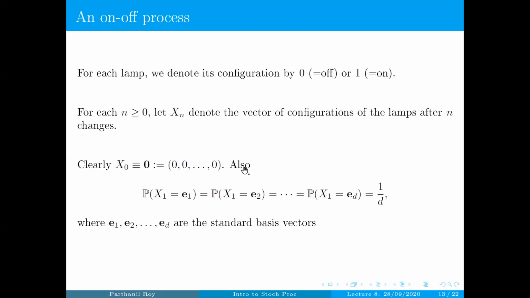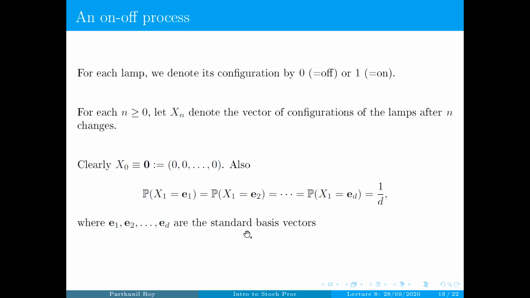After the first change, you will have a random variable X_1 which takes values e_1, e_2 up to e_d with equal probability. And what are these e_i's?